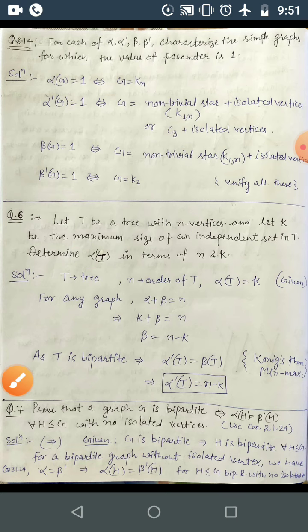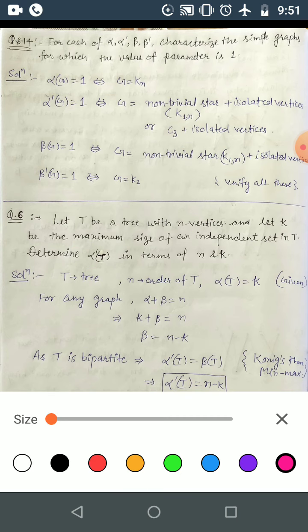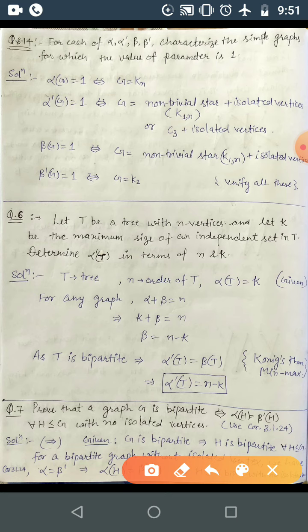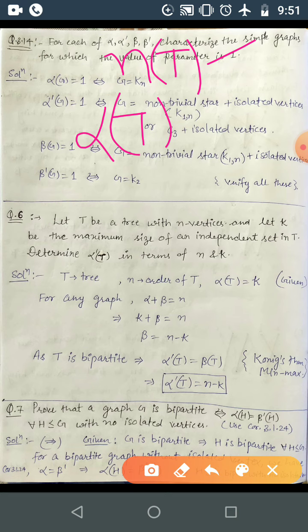Okay, so here given is the order n, and alpha, the independence number, is the maximum size of an independent set in the tree. So n of T is the order, and alpha of T is the independence number of tree T, given here as k.